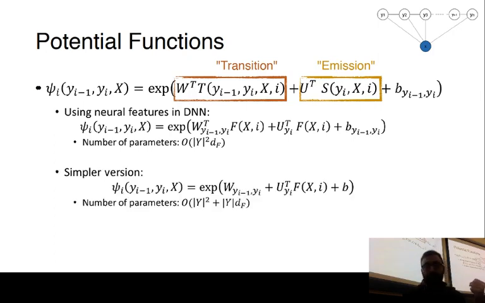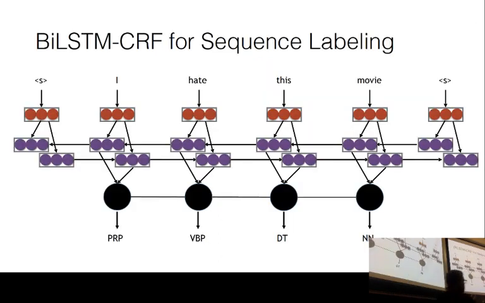Okay? There's a much simpler version, which is even easier to grasp. What if we have the transition probabilities be just a weight matrix that we can learn, and the neural net takes care of this F that only has to do with the emission probabilities? This reduces the number of parameters, and I think that in practice it will do as well, maybe. So the way that this looks is basically like that.